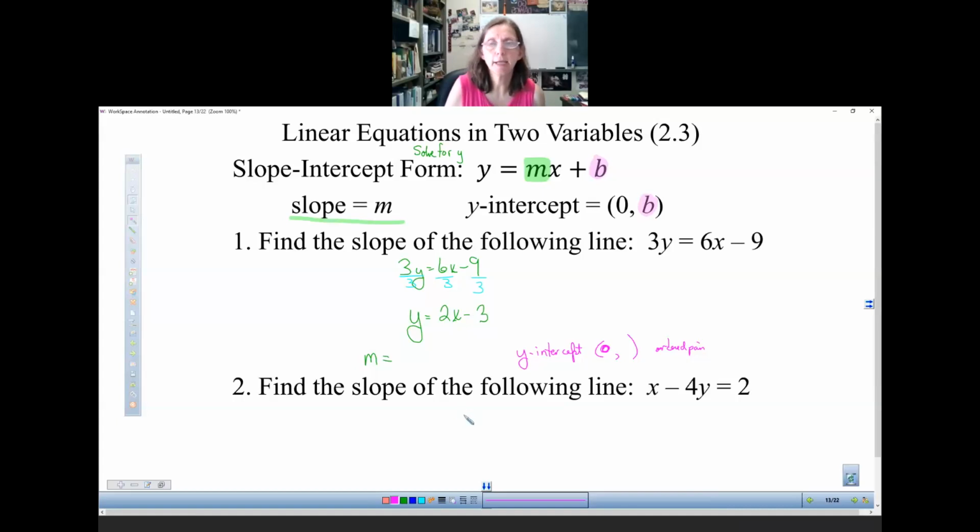Brandon, you got saved by the bell a while ago, so I'm going to pick on you now. Tell me, what is the y-intercept now that I have my equation in slope-intercept form? What is going to go here in the second part of my ordered pair? You can either answer me or type in the answer.